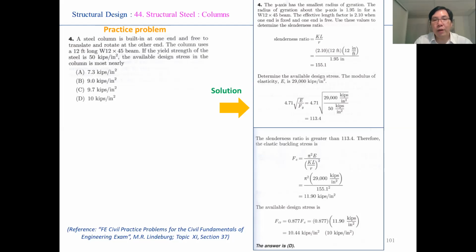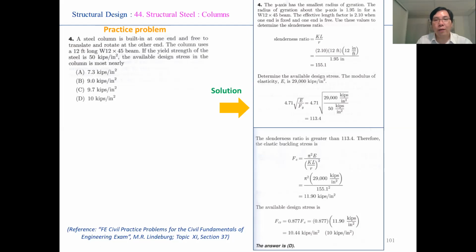And after you can calculate the available design stress by this equation, Fcr equal to 0.877 Fe, and the value is calculated and equal to 10.45 kip per inch square.